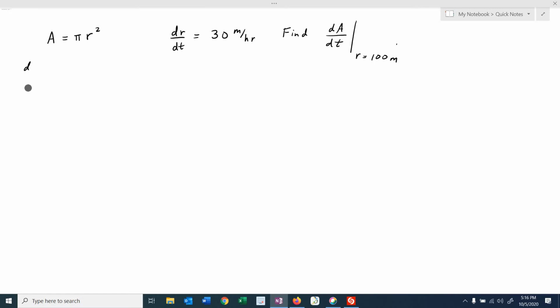Okay, so let's do that. Let's take the derivative of both sides with respect to time. On the left-hand side, that's just dA/dt, which is what we're looking for. And on the right-hand side, pi is a constant, so you can take that outside the derivative operator.